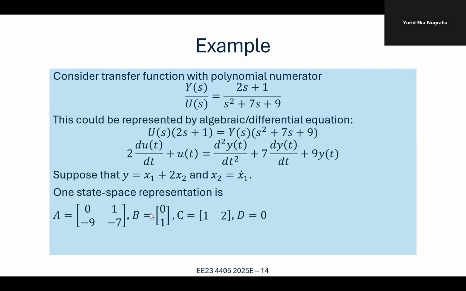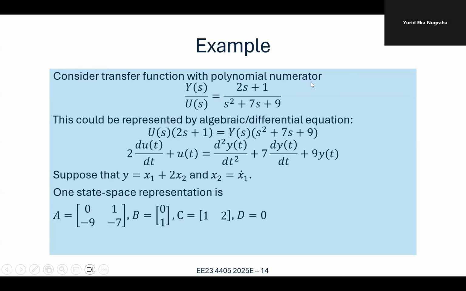Then x2 is x1 dot. In this state space representation, A is 0, 1, minus 9, minus 7, B is 0, 1, C is 1, 2, and D is 0.